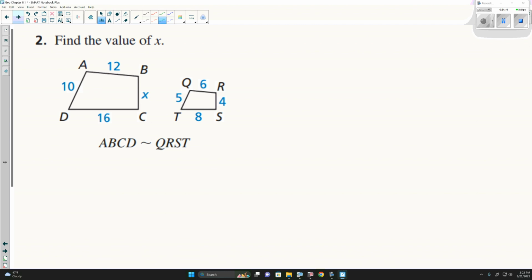And this one here, I think we can do this one here and be done, or we'll finish this tomorrow. But I don't think we necessarily need to do the calculations for this one. Because we're going from ABCD to QRST, yes? So, well, let's go the other way first. If I go from 6 to 12, what am I doing? 5 to 10. 8 to 16 is times 2.